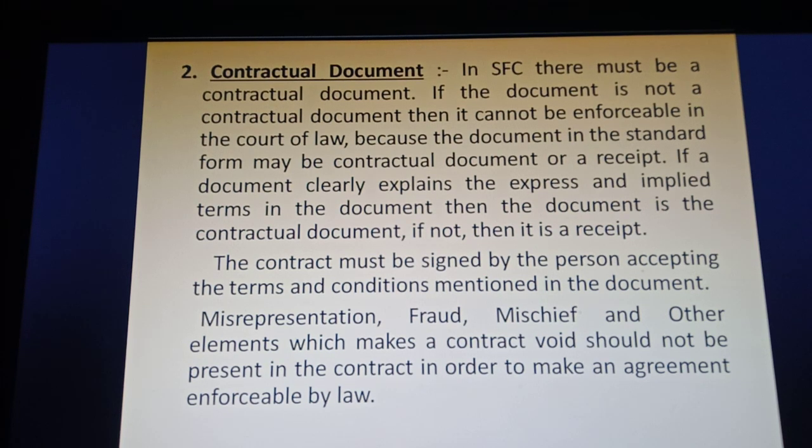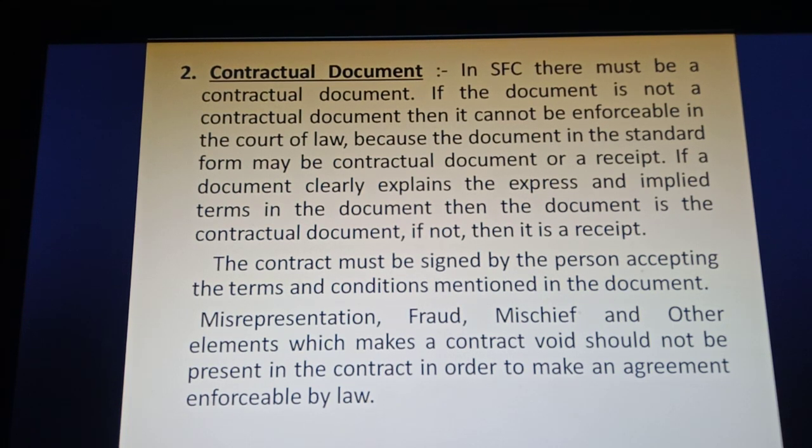If the document contains all the terms and conditions of the contract, then that document will be a contractual document, and if it is a contractual document, it will be binding. But if it does not contain the terms and conditions, then it will not be a contractual document.